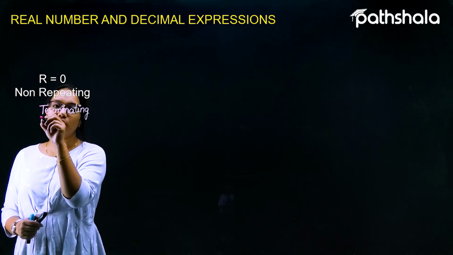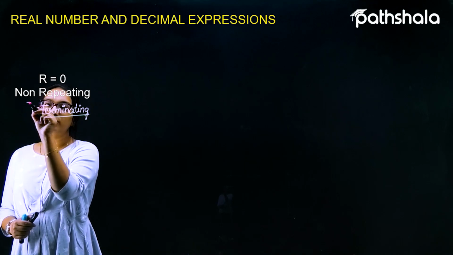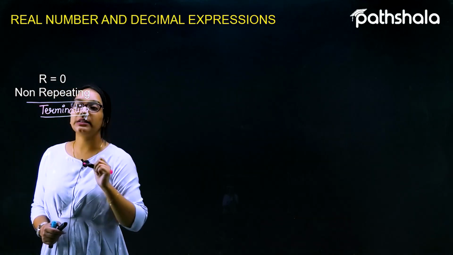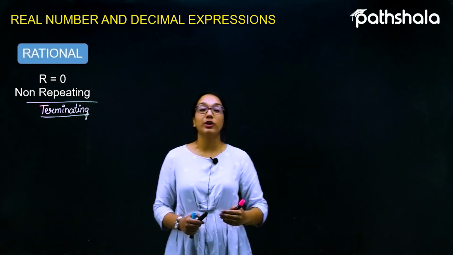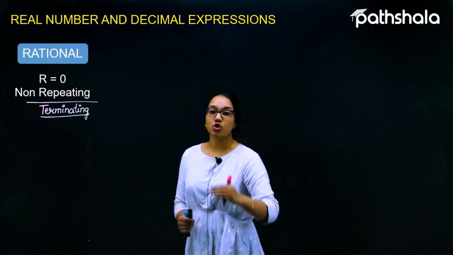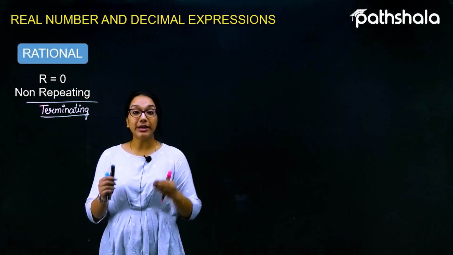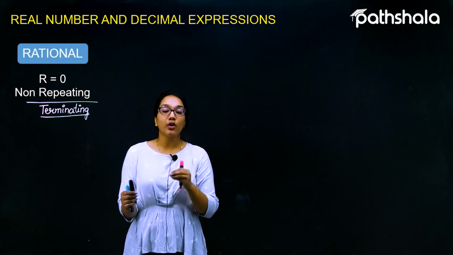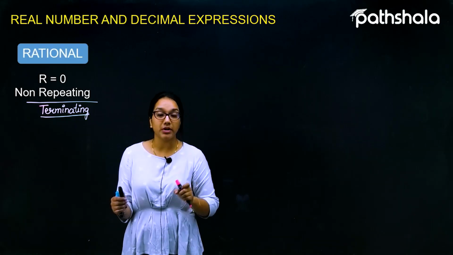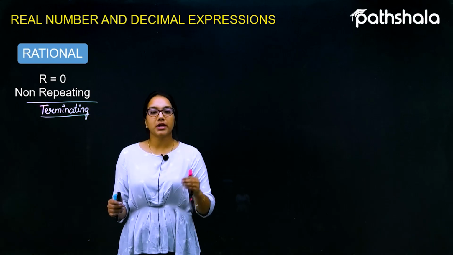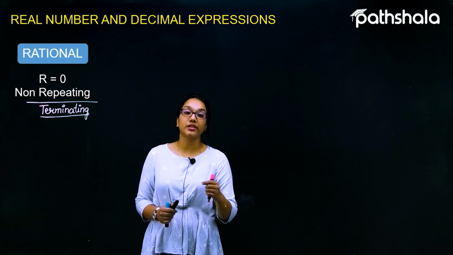Such numbers are categorized as rational numbers. So any number in which the remainder is 0 means it terminates, and the string of numbers in the quotient is non-repeating. Such numbers are called rational numbers.